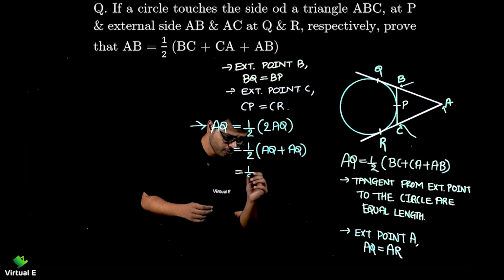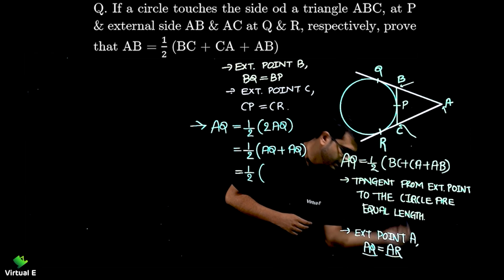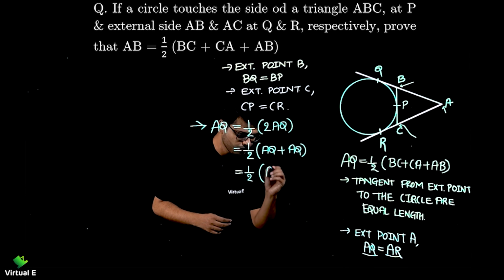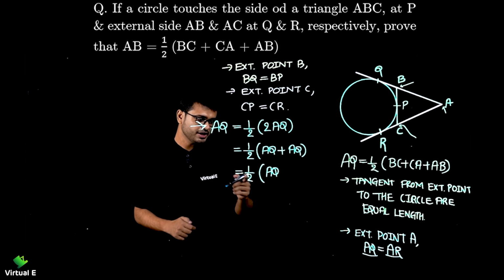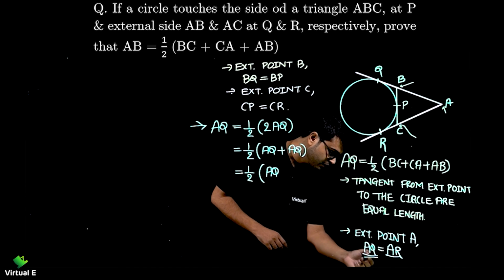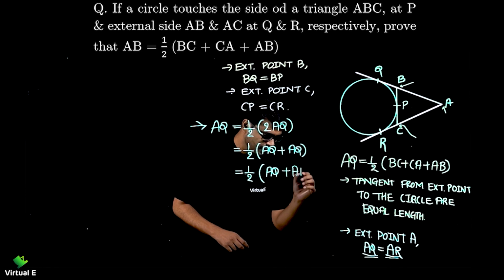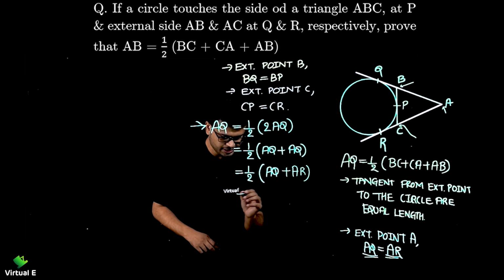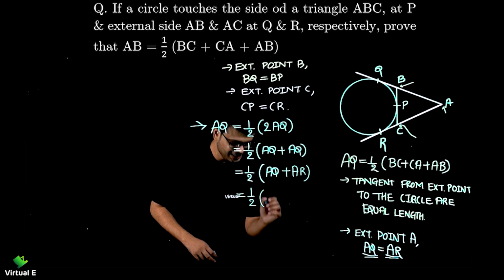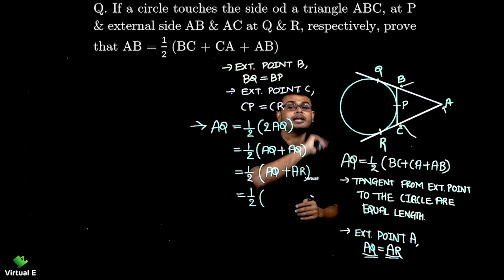Now I am going to use this point: AQ is equal to AR. So first AQ. So 1/2 into AQ plus, instead of AQ, I'm going to write AR. So AR over here. Done? Then 1/2 as it is. Let's expand further because we want BC, CA and AB.